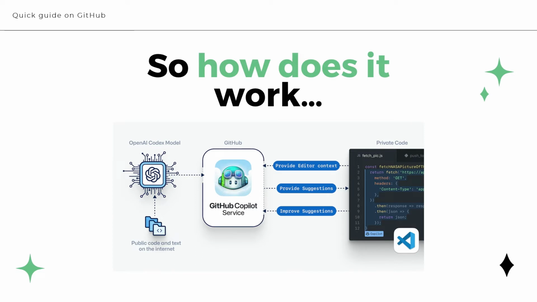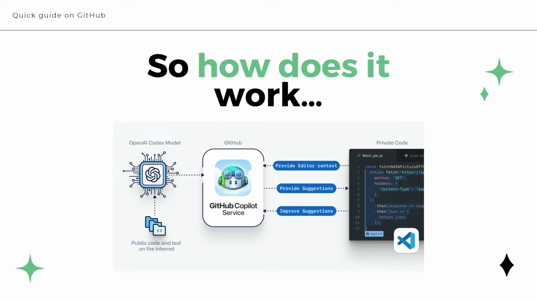When you code or type something in your IDE, GitHub Copilot will monitor the code or program you start writing, and using its OpenAI Codex model, it will match what you are writing with its trained sets of code and give you the best suggestions to complete your code.